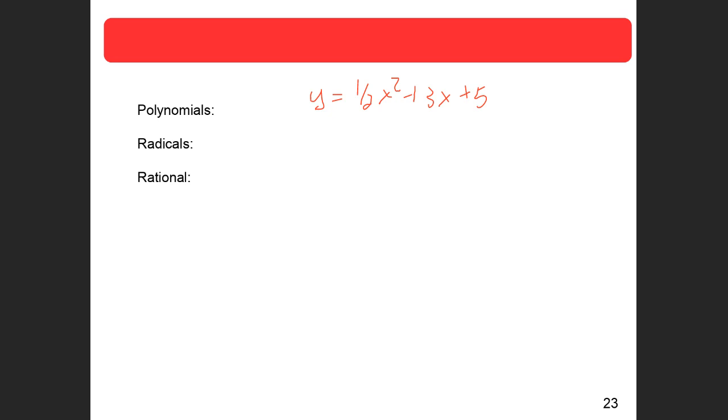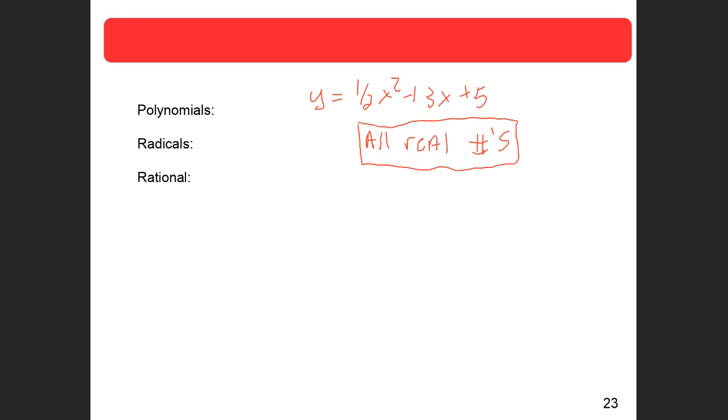Anytime you have a polynomial and you want to know what the domain is, it is all real numbers. Why is it all real numbers? Because you can plug any number in here you want. You can put 0 in here. You can put 10 in here. You can put negative 50 in here. You can put negative 70 in here. It doesn't matter what you put in here, you're going to get a value out. That's why anytime you have a polynomial, the domain is all real numbers.